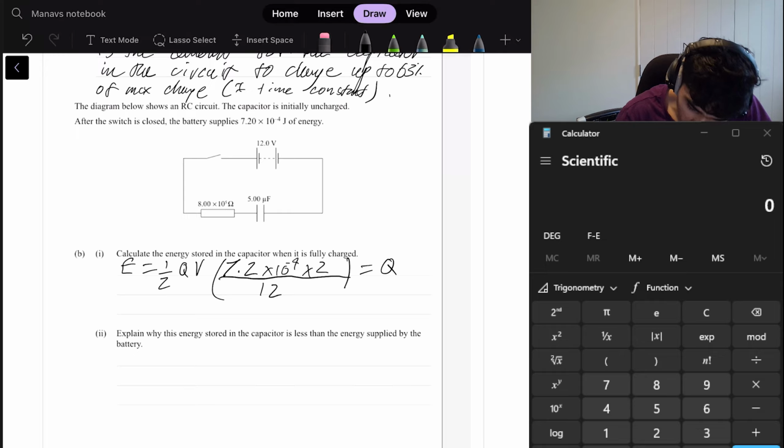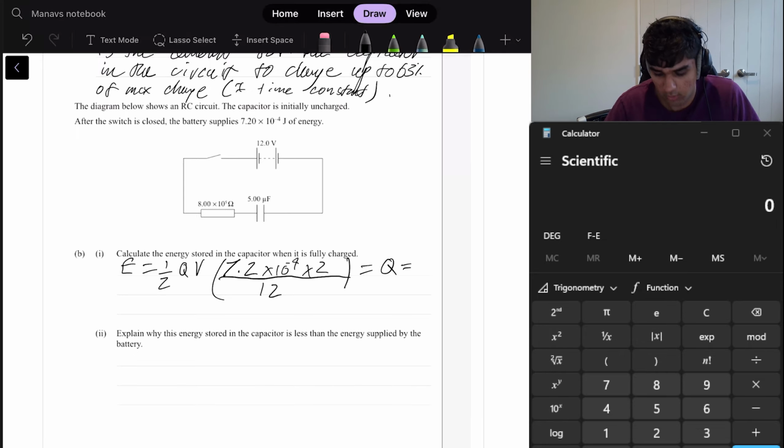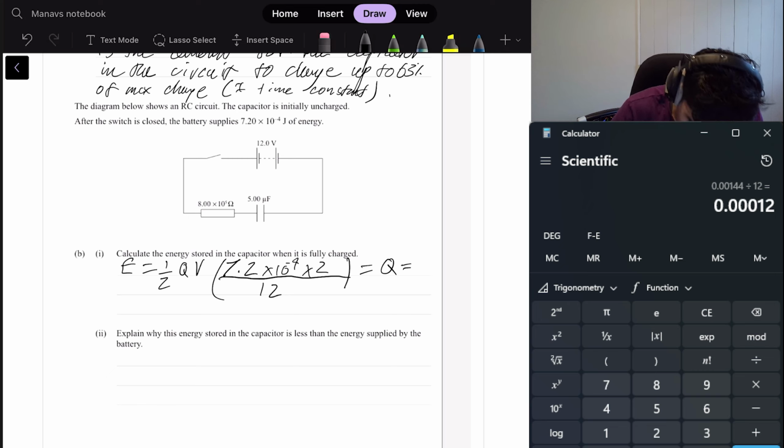So we find Q. I'm going to use my calculator here: 7.2 divided by 12 is 0.0144. Oh, okay. I swear that's wrong. Oh, no, that's right.